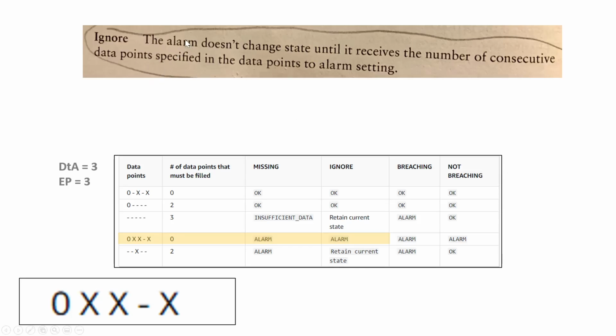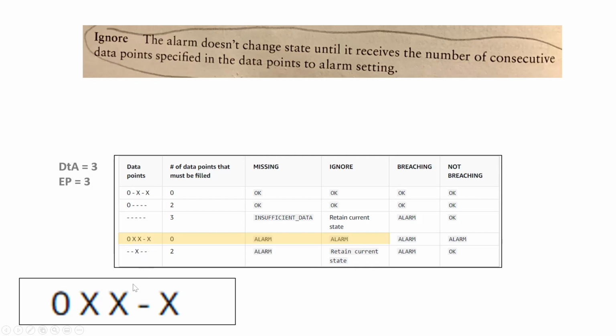So this is from the Piper and Clinton textbook. What's going on here? They say with ignore, the alarm doesn't change state until it receives the number of consecutive data points specified in the data points to alarm setting. Alright, yeah, so this is just showing that in the docs, it's not necessarily true because we've got a breacher, a data point with no data, and then a breacher, and then another breacher, there we go.